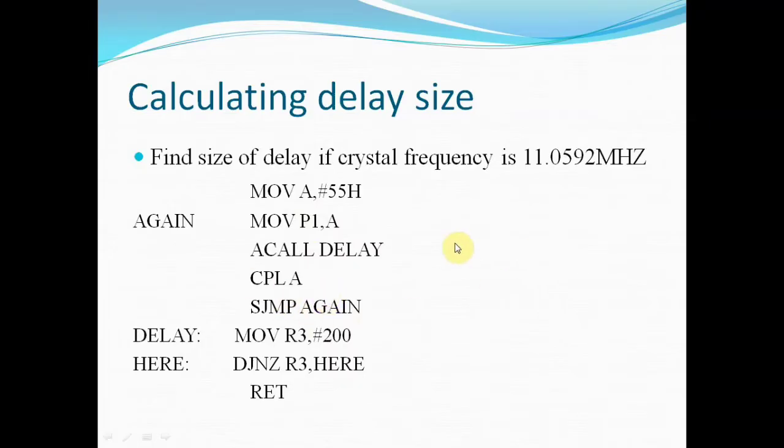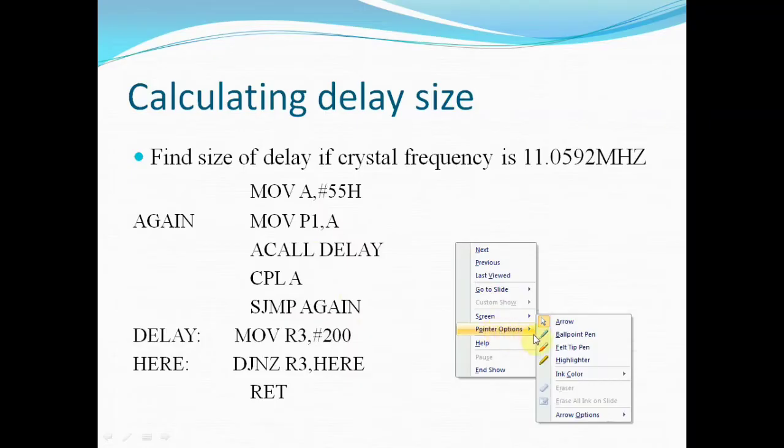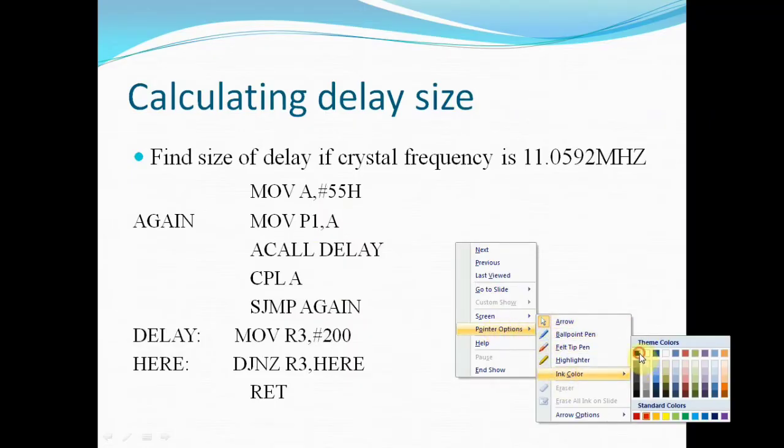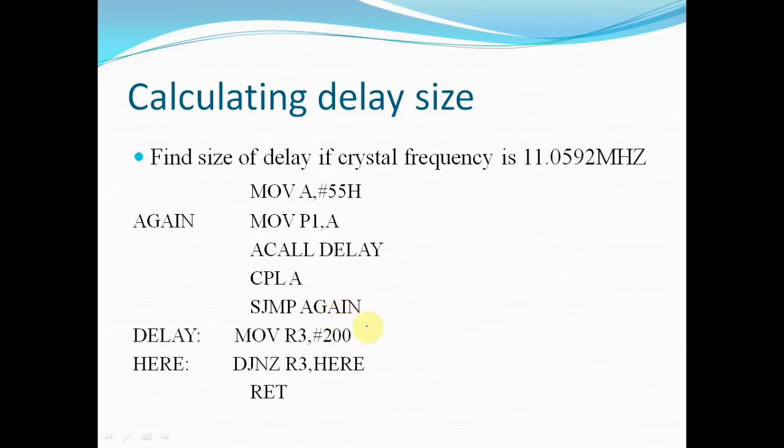So first we will decide what this delay size is. For that, let us consider this part, which is our delay routine. There are three instructions: MOV R3, #200, DJNZ R3, HERE, and RET.